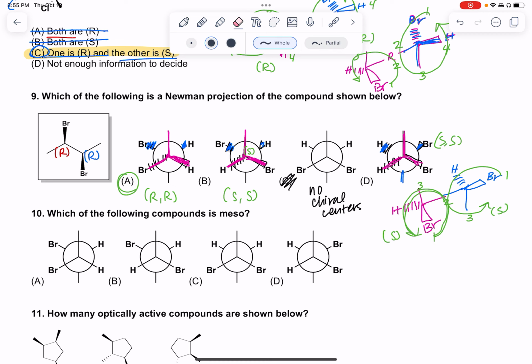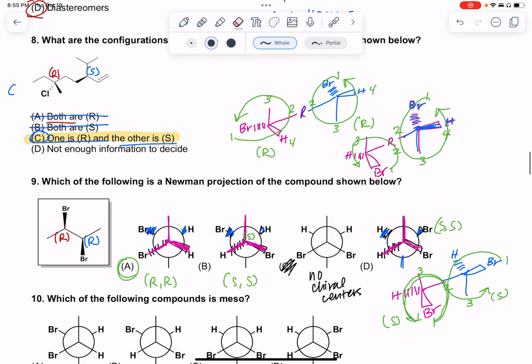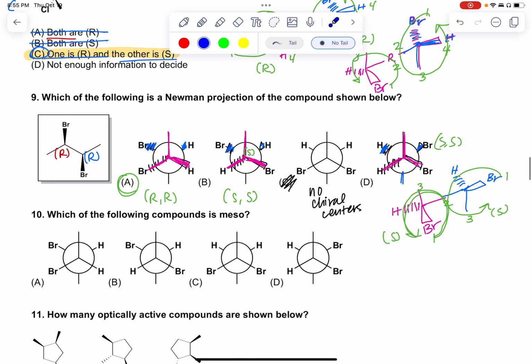I think I've done something a little bit incorrect, so let me just check my answers here. This one's going S. This one is going S. This is 4. 1, 2, 3. 2, 3. That's S. This is S. This one is S. This one is S. Did I draw this correctly?